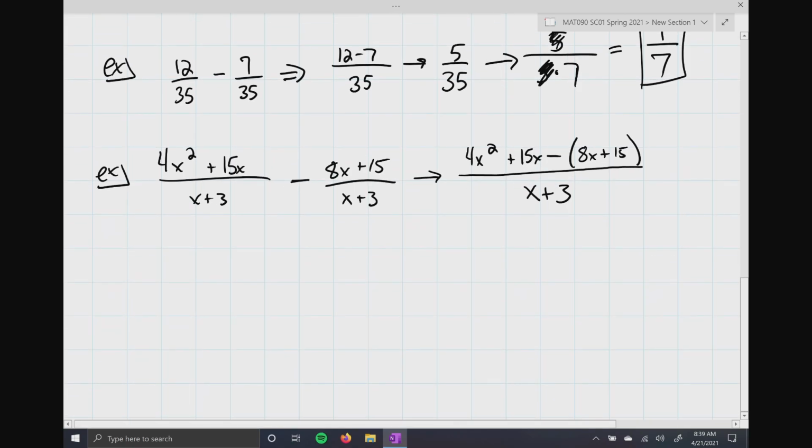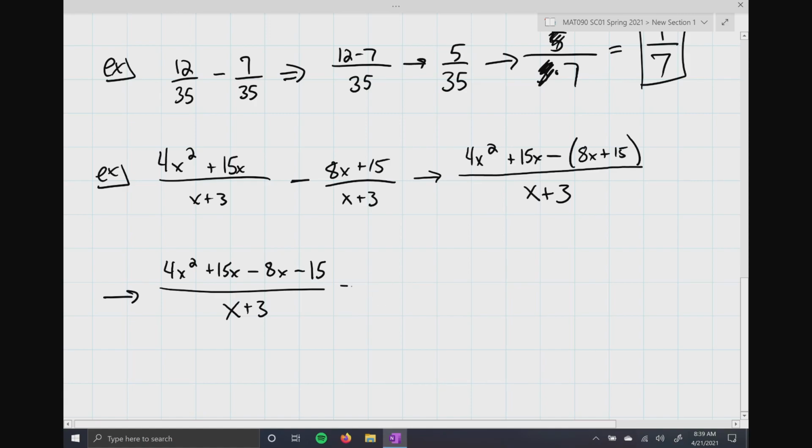Are there any questions so far? All right, now let's distribute. So I get 4x squared plus 15x minus 8x minus 15 all over x plus 3.